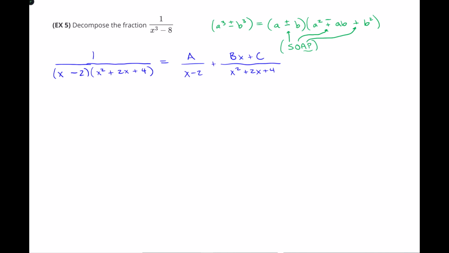Next up, in solving, the first thing we would want to do is, of course, multiply everything through by the denominator.